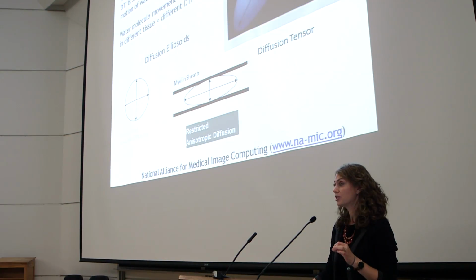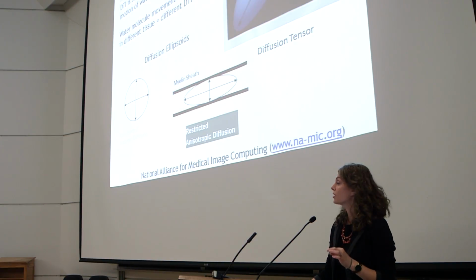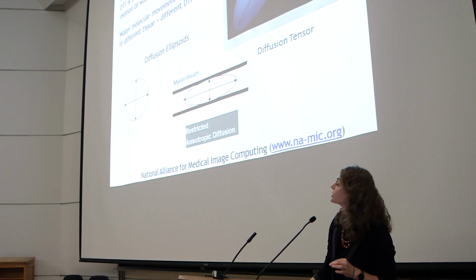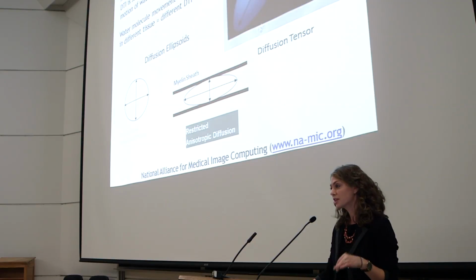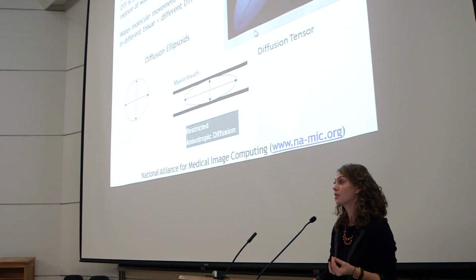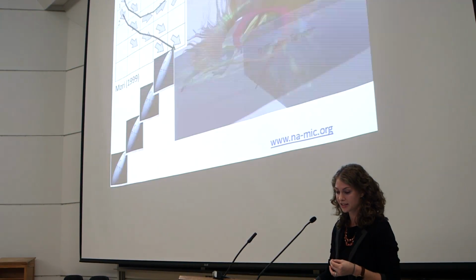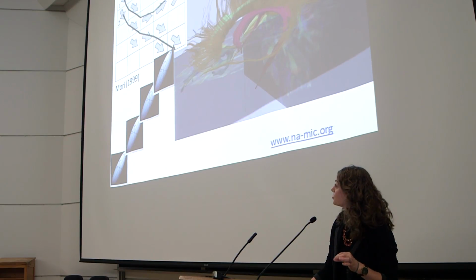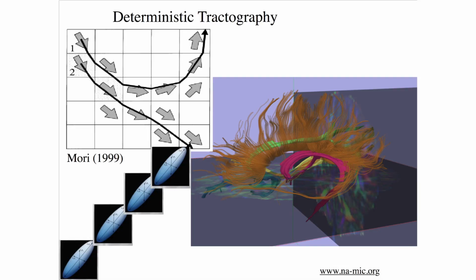And so when we do imaging in this way, when we're in white matter regions, we get this kind of cigar shape, which gives us information about how water molecules are moving in white matter regions. We can actually reconstruct the three-dimensional trajectories of white matter tracks using the information from each voxel, or kind of pixel, of our pictures of the brain.